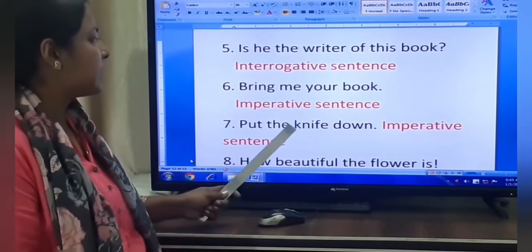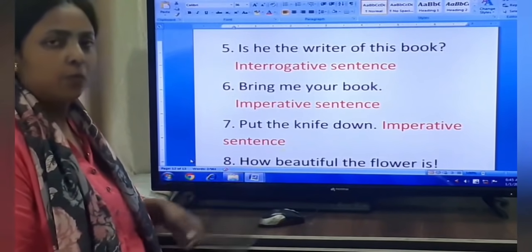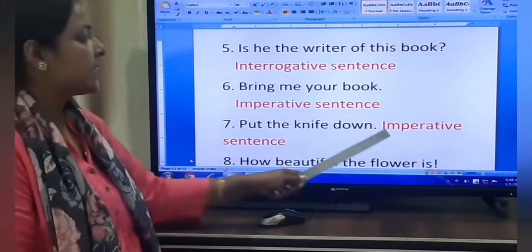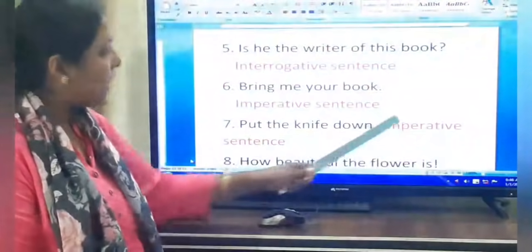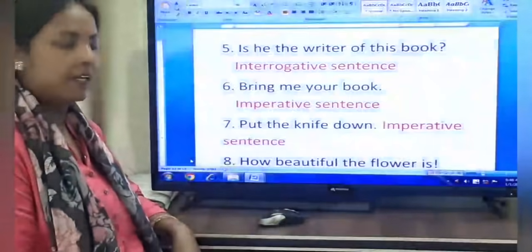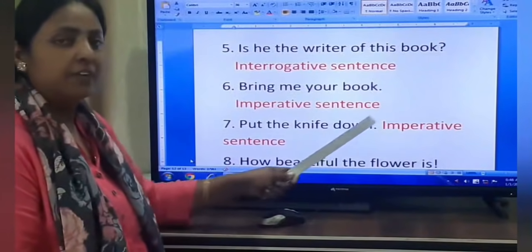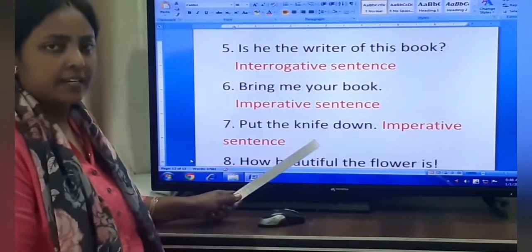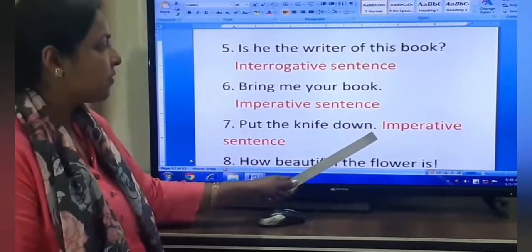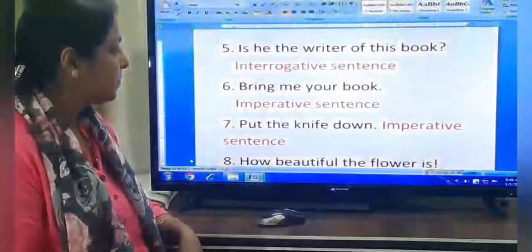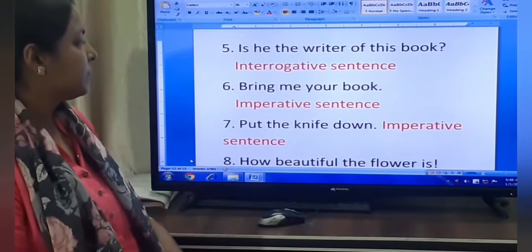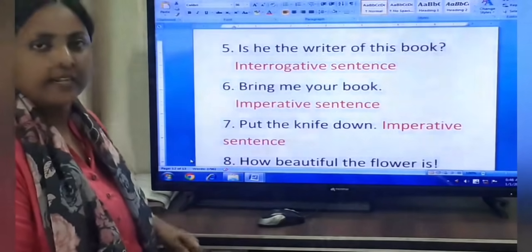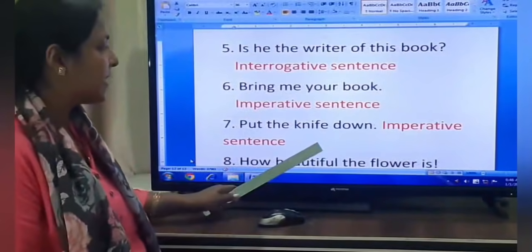The next sentence is, put the knife down. Which sentence is this? Imperative sentence. Put the knife down. An imperative sentence always ends with a full stop. It gives you the order. So this sentence is an imperative sentence.